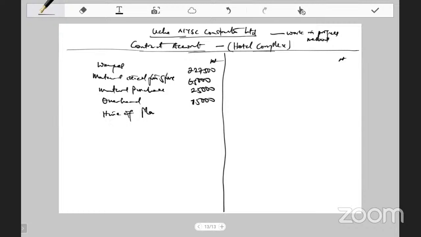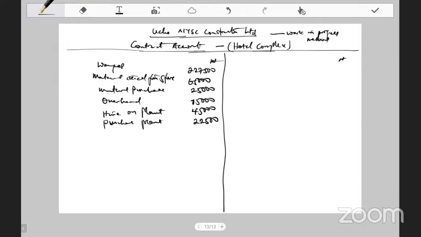Hire of plants. How much did they use to hire plants? 45,000. How much did they use to purchase plants? 22,500.